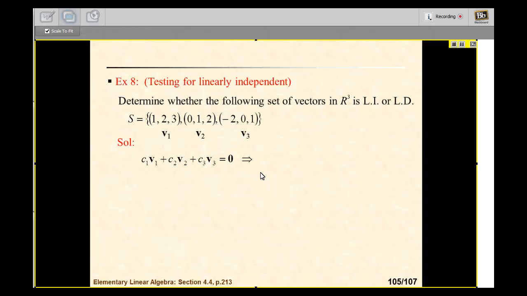We put the vectors in place of V1, V2, V3 and write the three equations, that is, 1 into C1 and 0 into C2 and minus 2 into C3. We write it in this form so we can get a matrix.